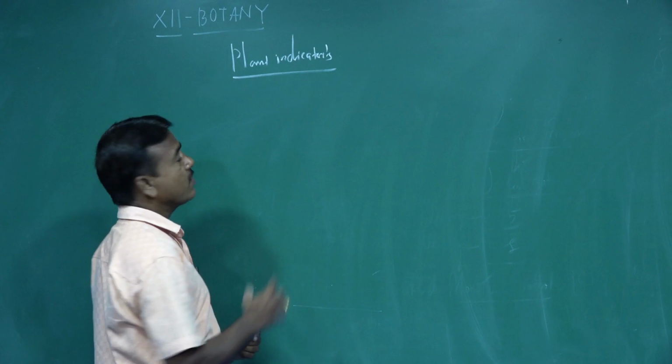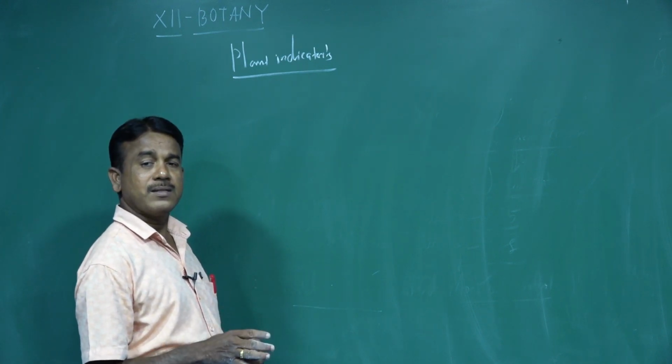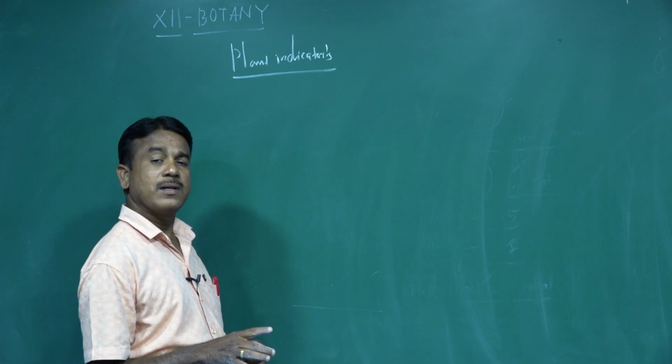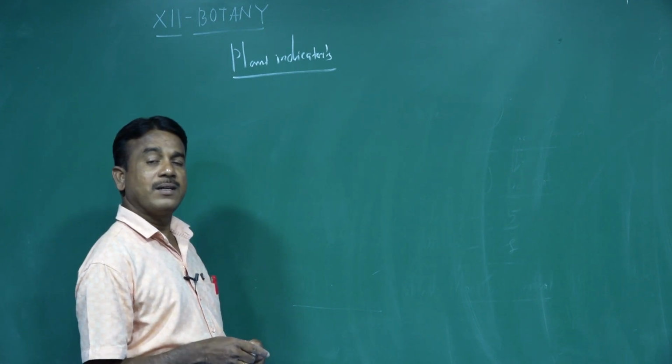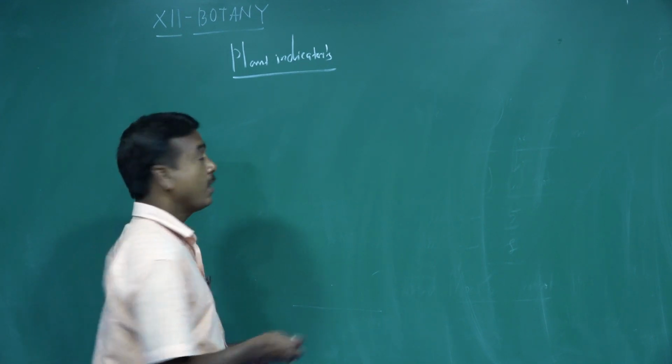What is the definition or meaning of plant indicators? The presence or absence of some plants indicates the state of the environment.